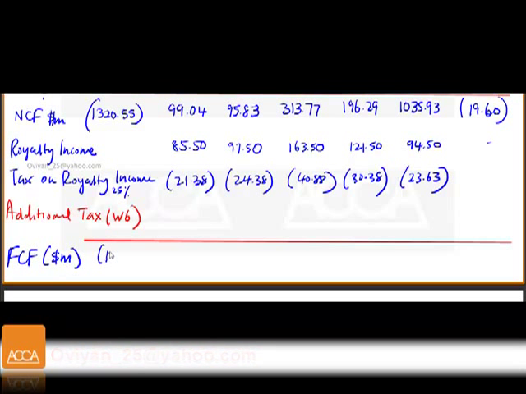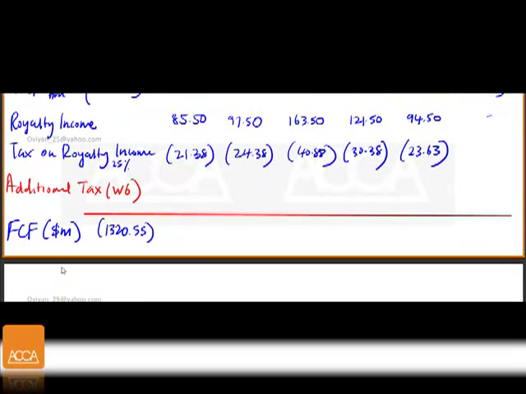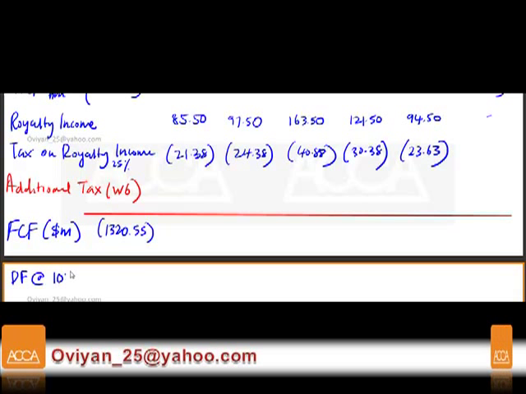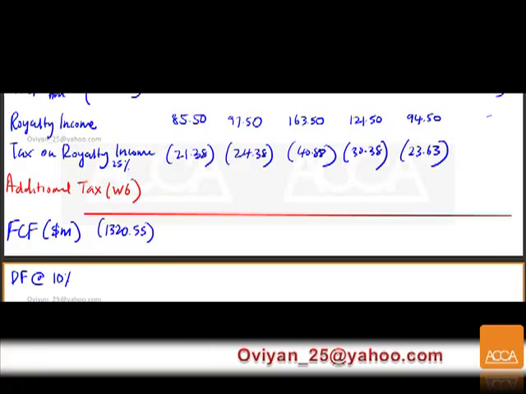And this is going to be 1320.55. Of course, this one we can't put in first. We're going to put in your cost of capital, which is your discount factor. I'm going to take 10% for the fact that there's no change in business risk.